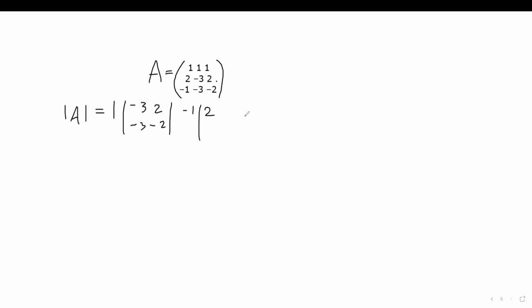Then I have the last one, which is plus 1, times the determinant of, cross out this row and this column, 2, minus 3, minus 1, minus 3.